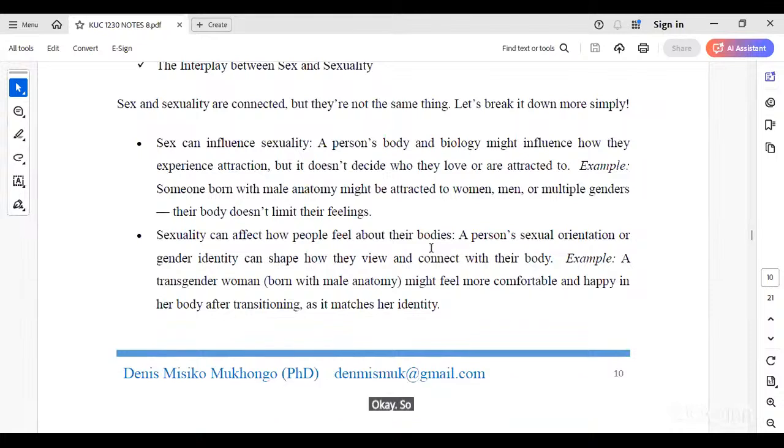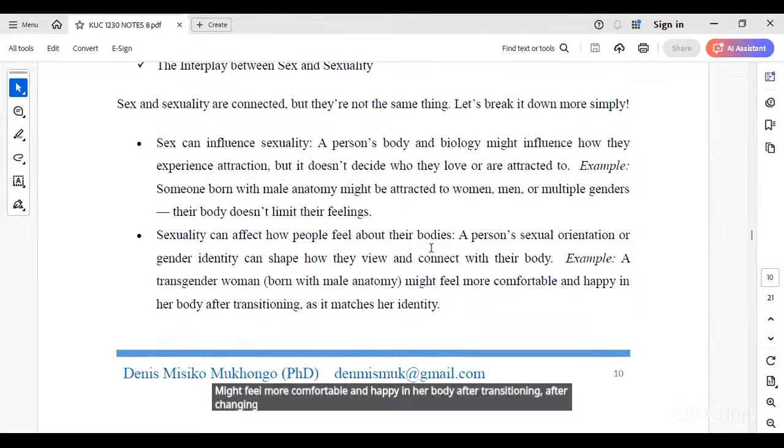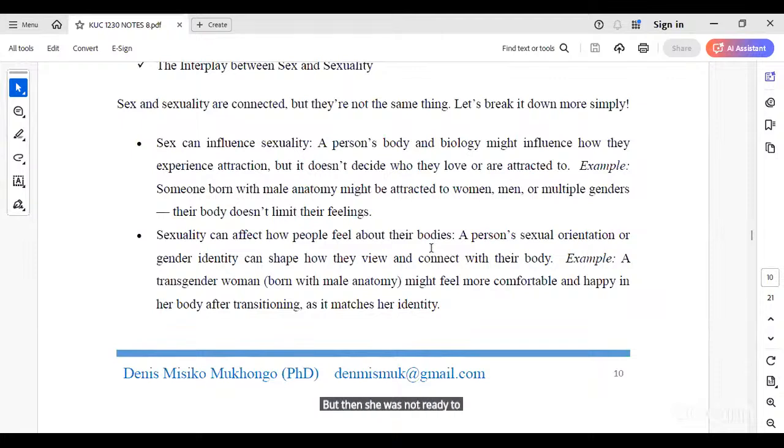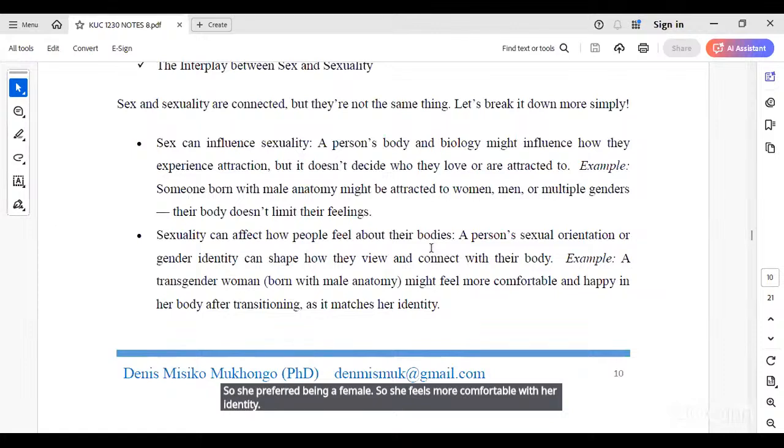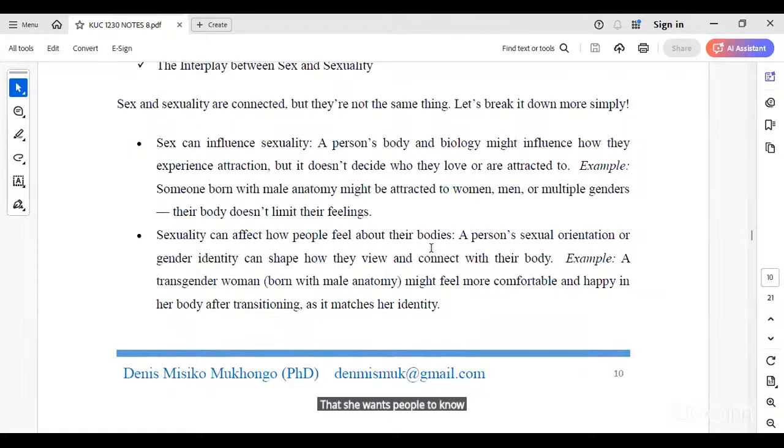So a transgender woman, this is someone who was born with a male anatomy, might feel more comfortable and happy in her body after transitioning, after changing. Because the anatomy she was born with, it is what made her to be called a male at birth. But then she was not ready to identify as a male. So she preferred being a female. So she feels more comfortable with her identity, that she wants people to know that I'm not male, I'm female.